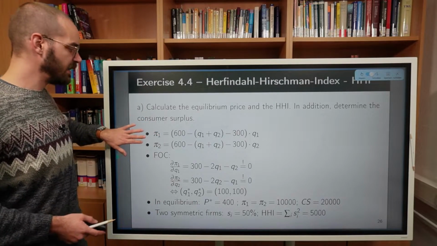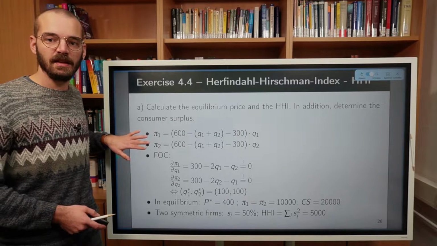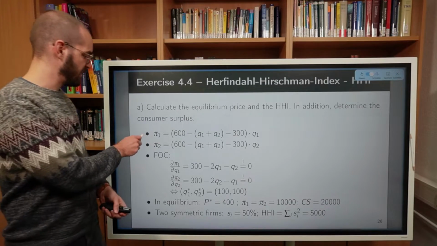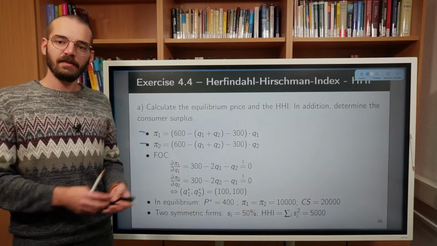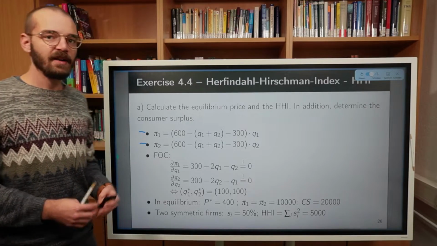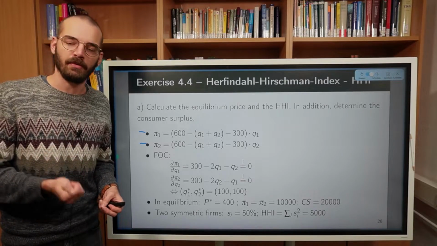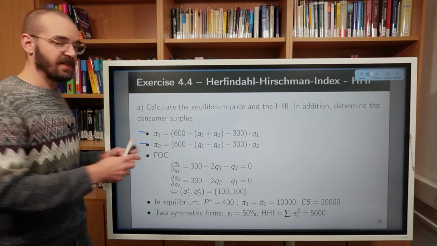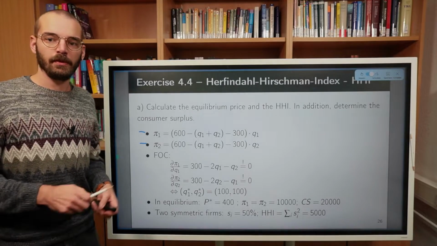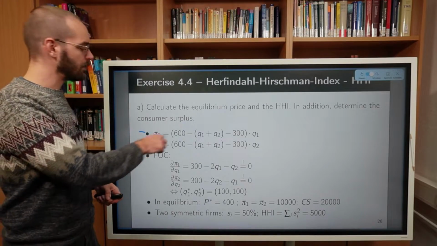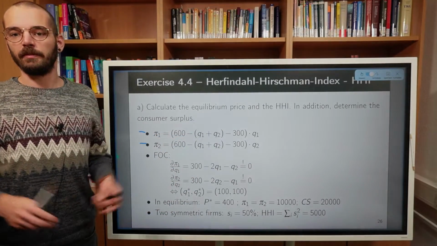The first part is, of course, to find the profit functions of both firms in the market. We then find the market equilibrium by finding the profit maximizing quantity of both firms. How do we find the profit maximizing quantity of both firms? Well, we state the profit maximization problem for both firms.